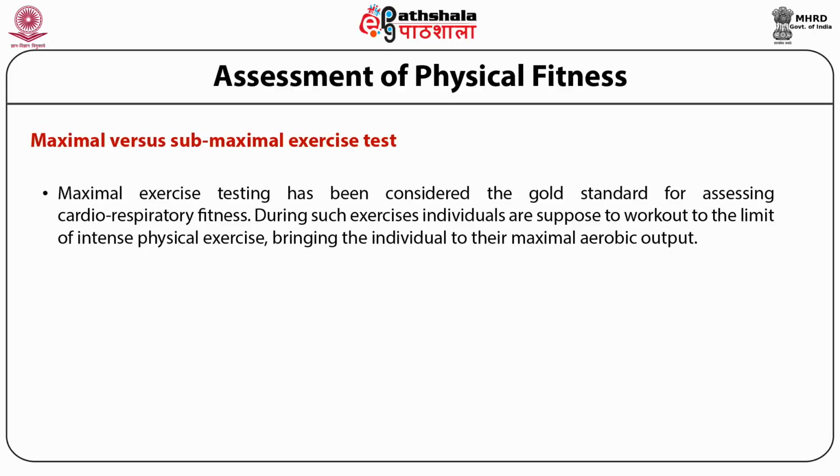During such exercises, individuals are supposed to work out to the limit of intense physical exercise, bringing the individual to their maximal aerobic output. Under these circumstances, among many individuals, especially with chronic disease or disability, the assessment is limited due to pain or fatigue rather than exertion.